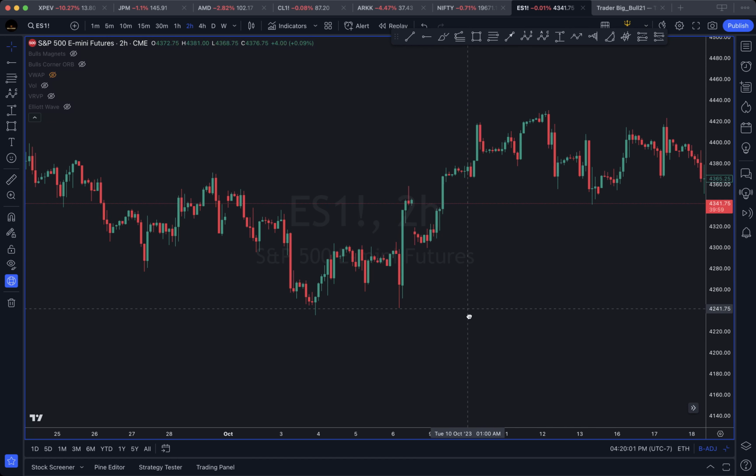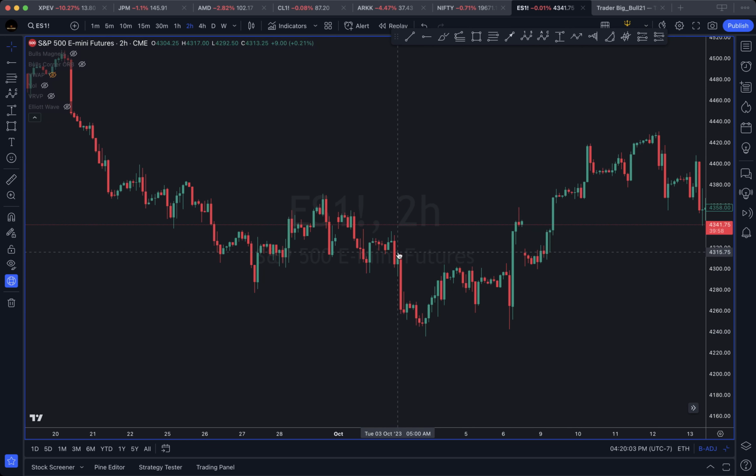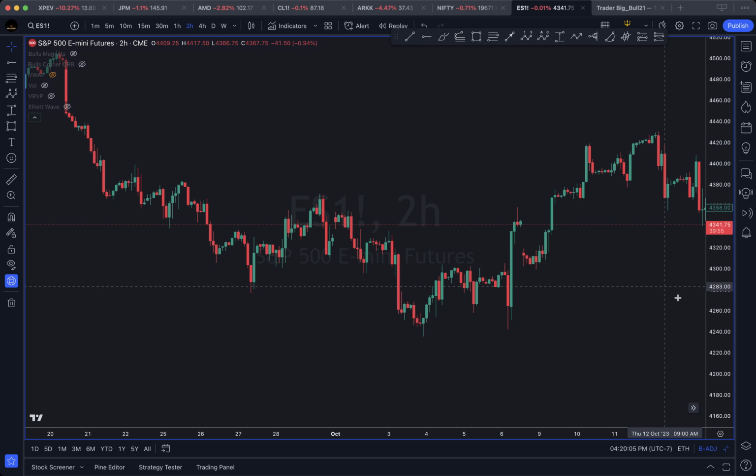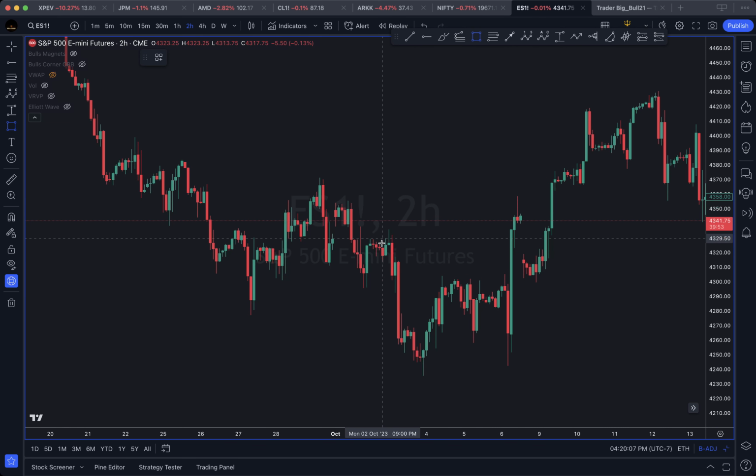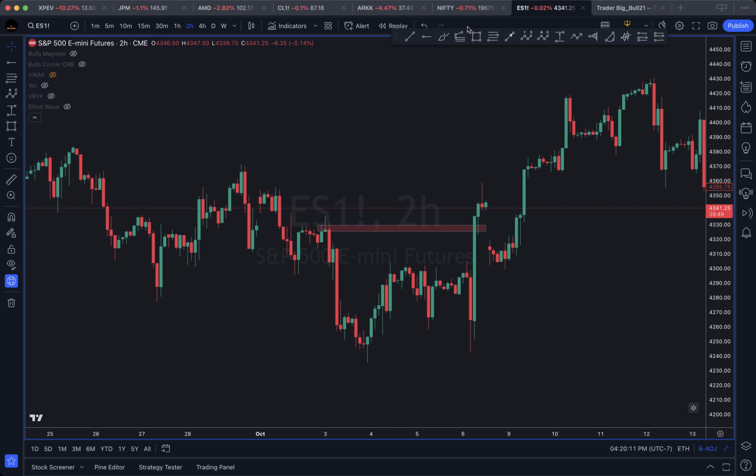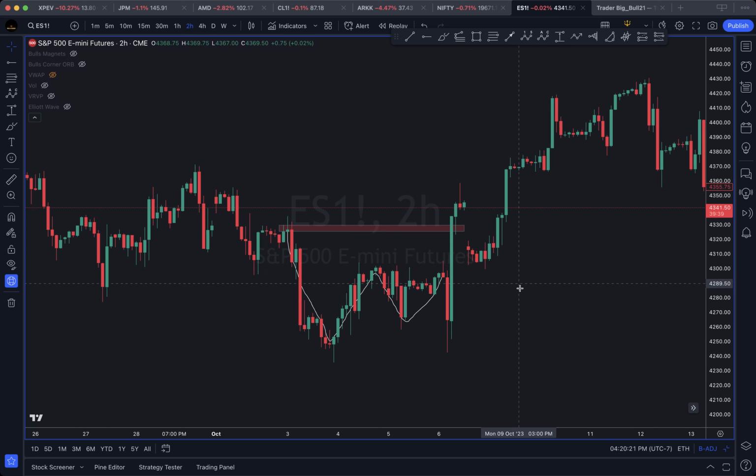This was not a good one. Like this one, right? This was a good supply zone right here. Price made a high right here, and then price made a low here, but instead what happened? Price just went straight above it, and the structure didn't change on a smaller time frame.